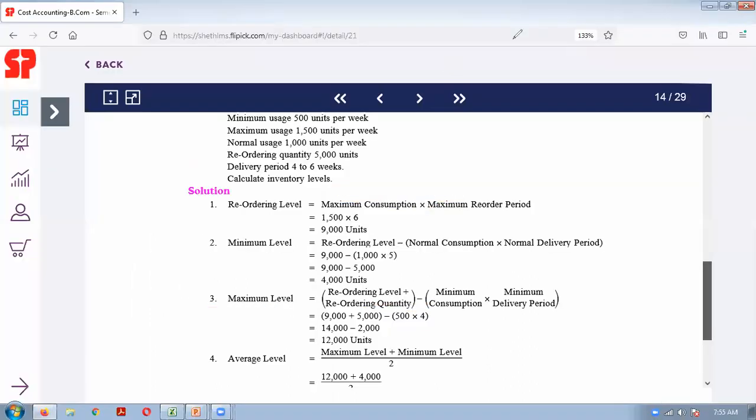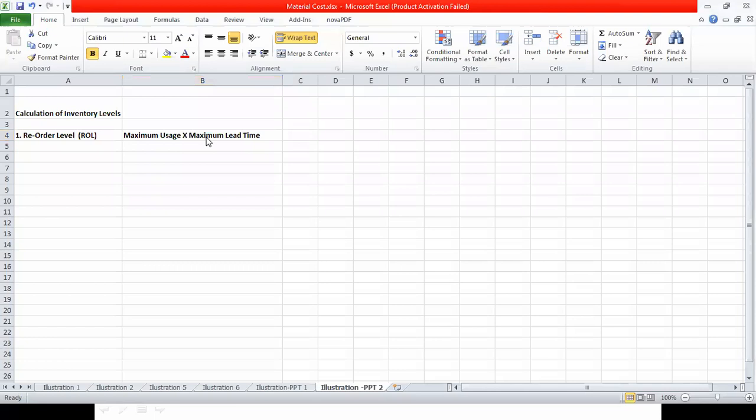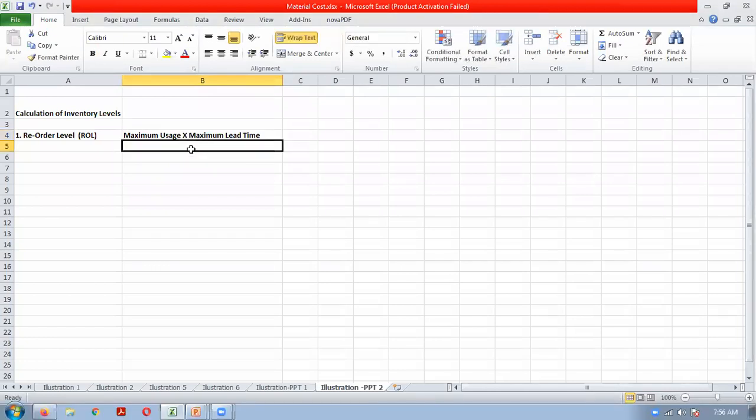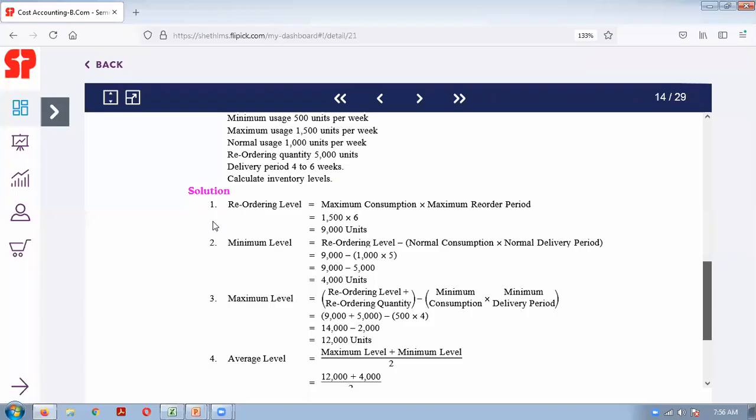Now you have both the data, so you can easily solve: 1500 units per week into 6 weeks. So reorder level will be 9000 units. Clear? Reorder level will be 9000 units.